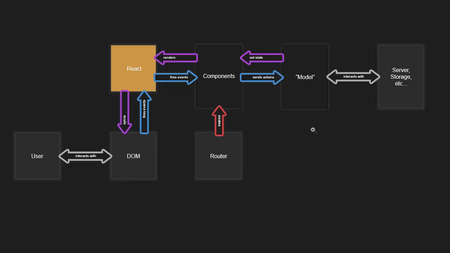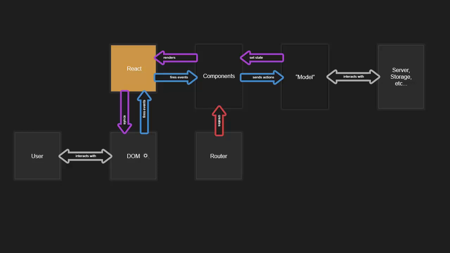The model could be as simple as our own vanilla classes that we create, or something as complex as a monolithic third-party library that does a million different things. But the model just represents the code that handles our business logic and also directly or indirectly interacts with the server and our storage, etc.